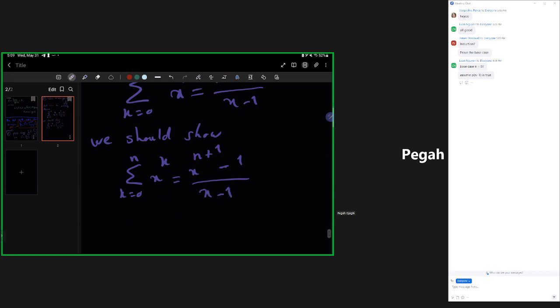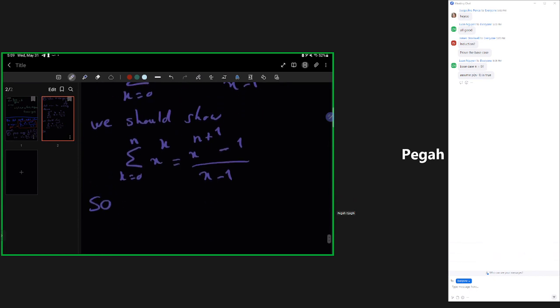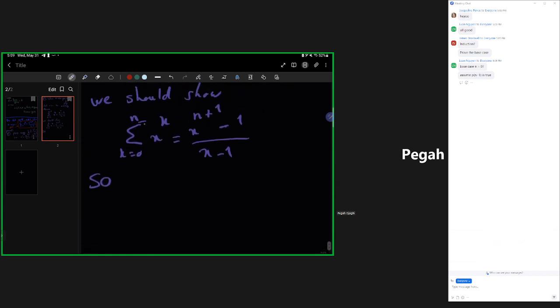We need to show this is true. How do you show that? We start with this one, which I know is true. I want to prove this one, so if I know the sum up to n minus 1, how can I show that? I can write the sum from k equals 0 to n minus 1 of xk and xn here. Just put this one out.